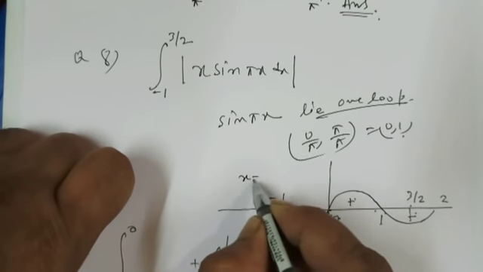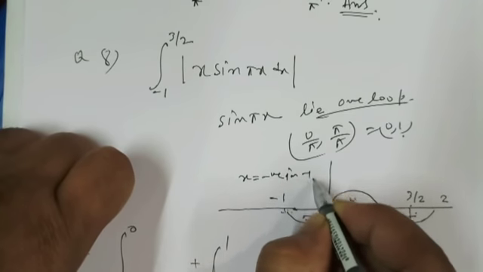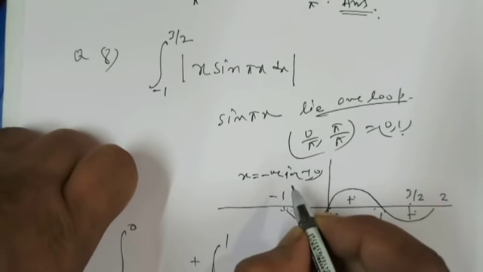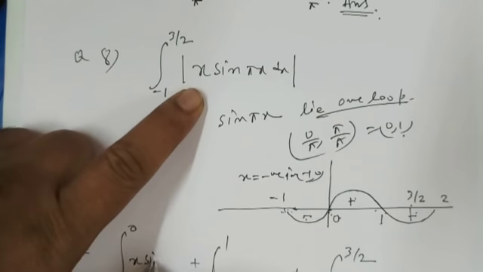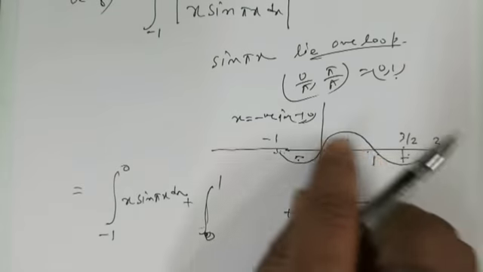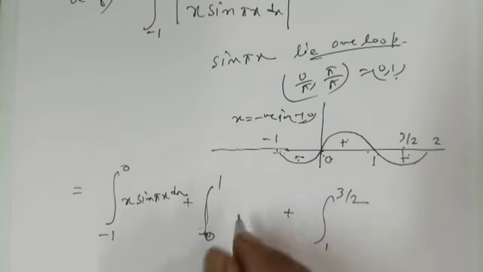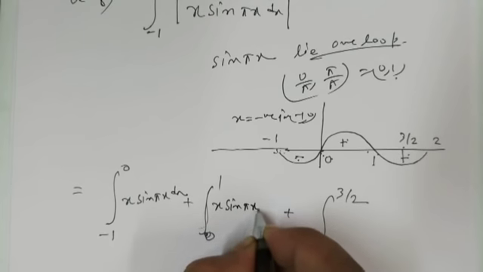In 0 to 1, sin pi x is positive and x is also positive, so this stays as x sin pi x dx as it is.